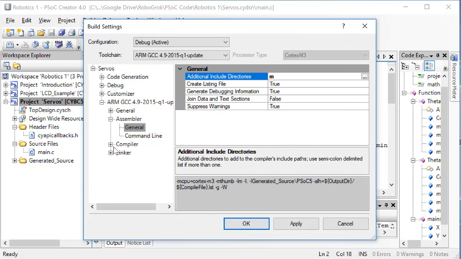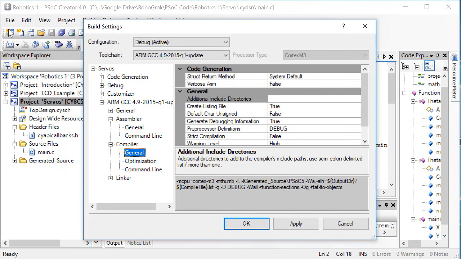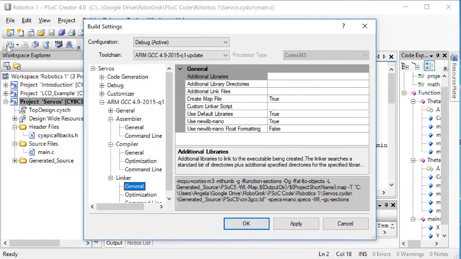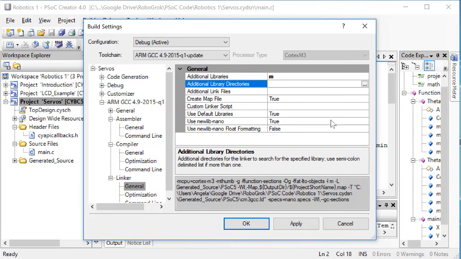M stands for math. We need to do this also in the compiler. So go to compiler, general, additional include directories, type M and hit enter. And we'll do this in the linker also. Linker, general, additional libraries, M, enter, and then additional library directories, M, enter.